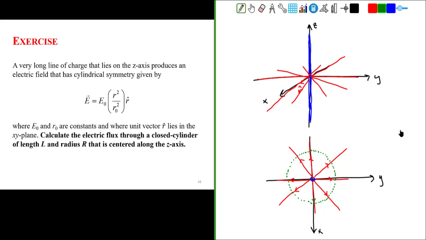Well, going to our top diagram, let's draw the cylinder in our top diagram. So in our top diagram, the cylinder looks something like this.